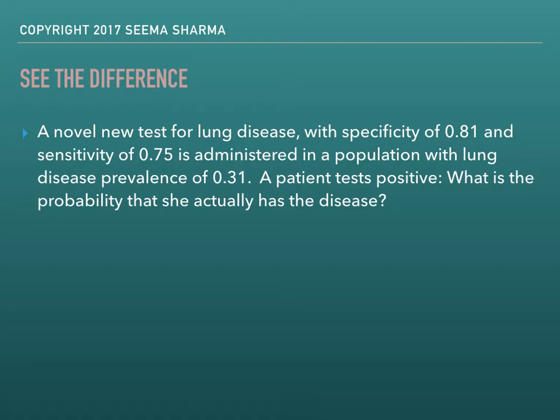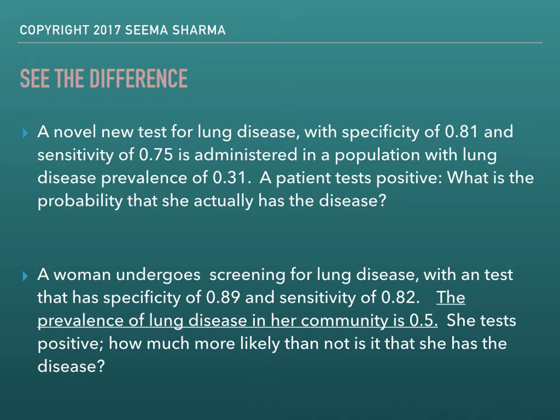A patient tests positive. What is the probability that she actually has the disease? The second vignette: a woman undergoes screening for lung disease with a test that has a specificity of 0.89 and a sensitivity of 0.82. The prevalence of lung disease in her community is 0.5. She tests positive. How much more likely than not is it that she has the disease?